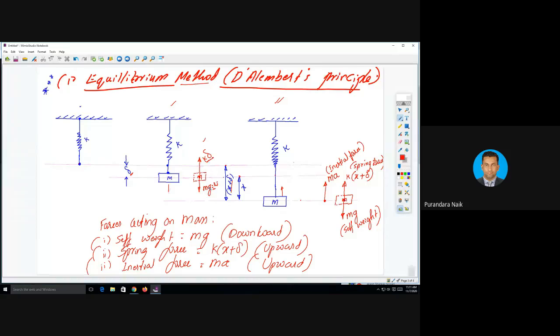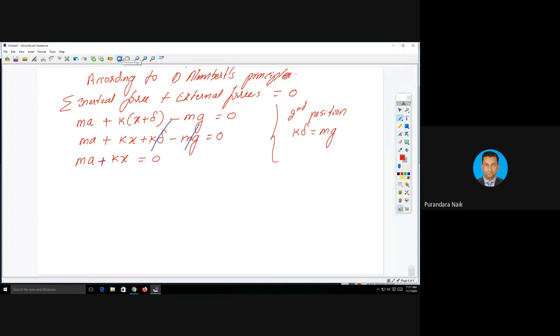Therefore, k delta is equal to mg, and these two terms get cancelled, minus and positive. So this is the equation. I'm going to rewrite it: a plus k by m into x is equal to 0. This is my equation number 1. Any doubt in this equation? Very simple, right?